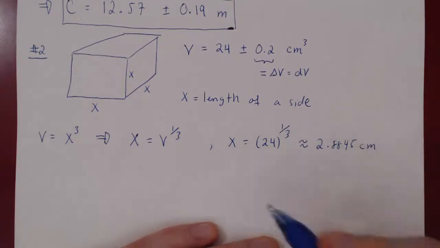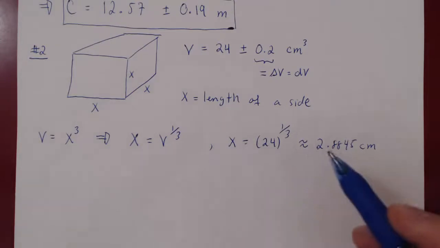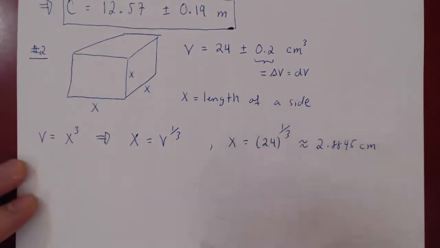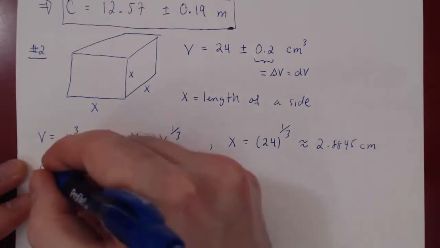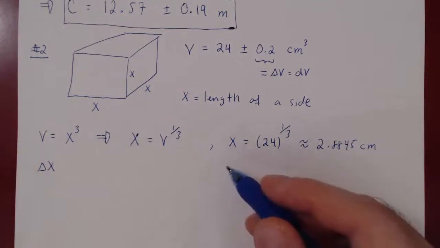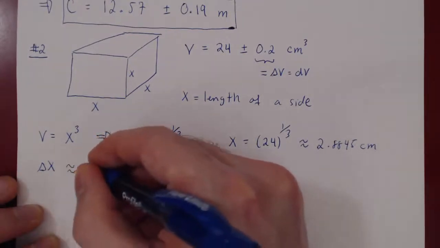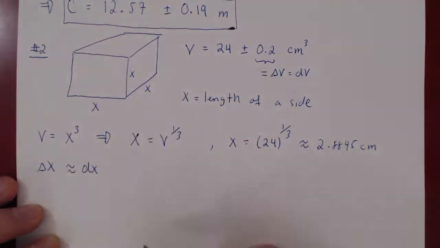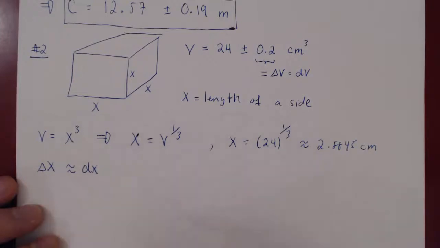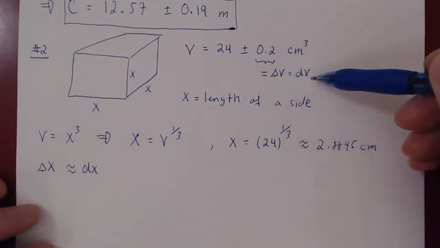So now we have the length of one of the sides of the cube, but we wanted the measurement of x with uncertainty. Well, the uncertainty in the x measurement is the change in x, delta x. Instead of finding the exact change in the variable x, we will find the differential of x, which will be an approximation to the exact change in x because we have a fairly small change in the independent variable.